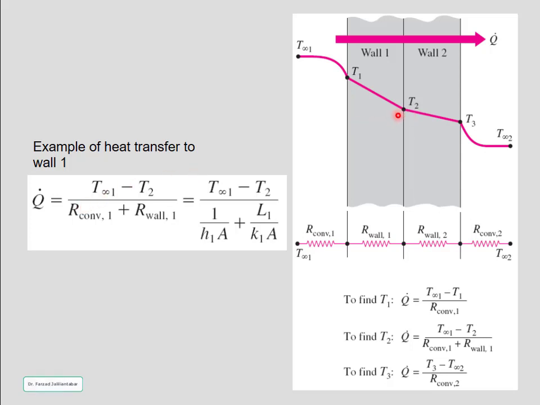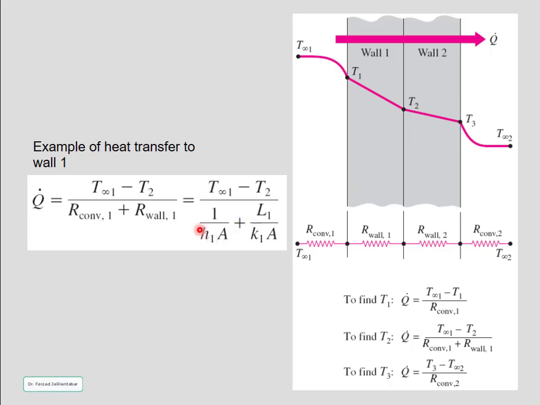Here we are going to calculate the temperature T2 at the interface between material number 1 and material number 2. As you can see from the previous equation, T infinity 1 minus T2 divided by the total thermal resistance between I and J, which is a summation of the convection thermal resistance of this part and the conductive thermal resistance of material number 1.